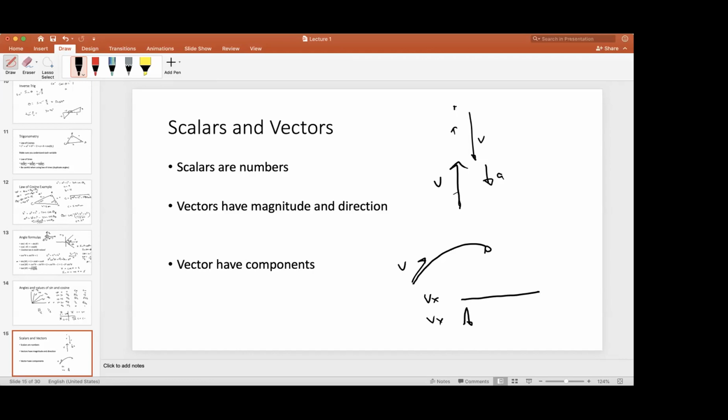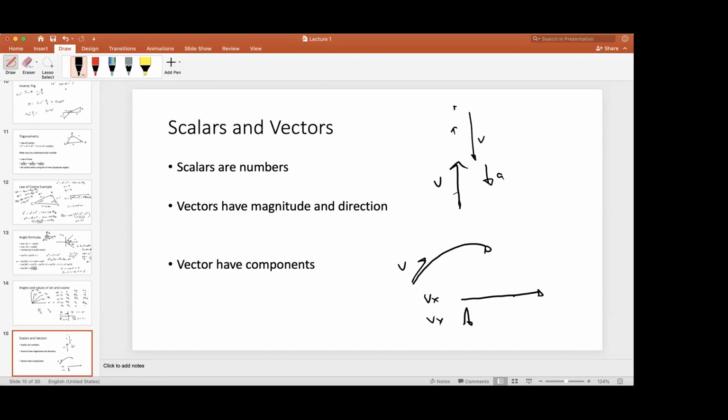In the X direction, the ball heads that way. And if you basically combine those two motions, if it's traveling to the right while it's going up and down, you get a parabolic path. We can always divide our vectors up into their component vectors.